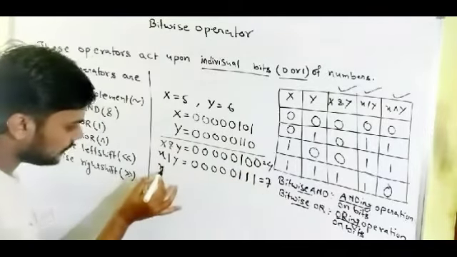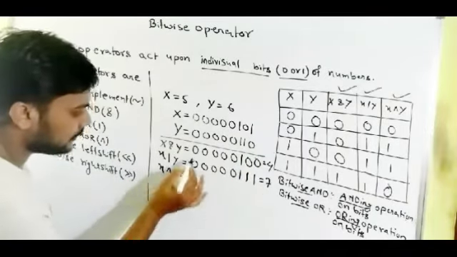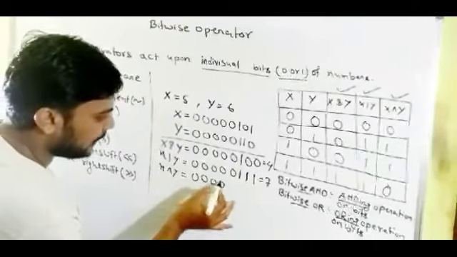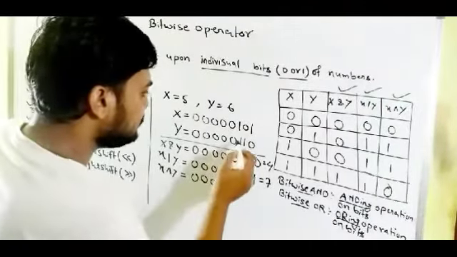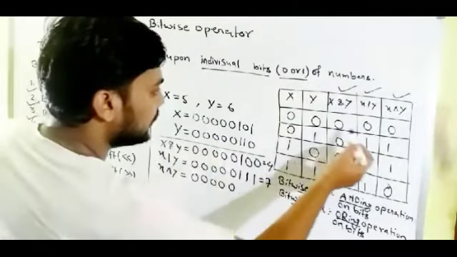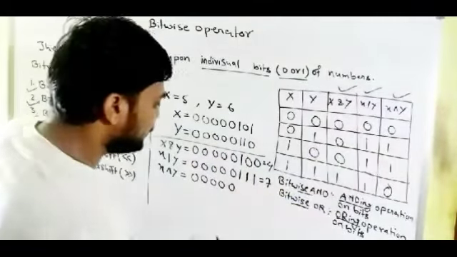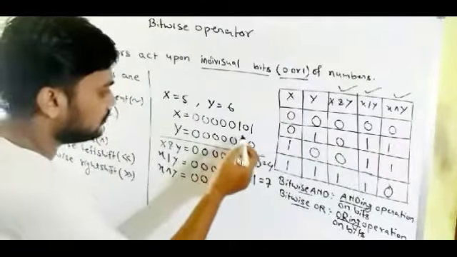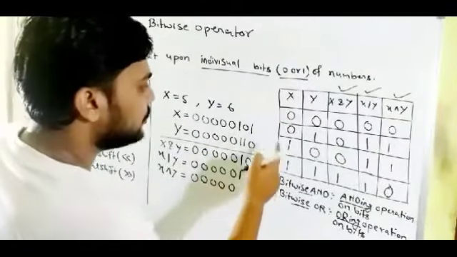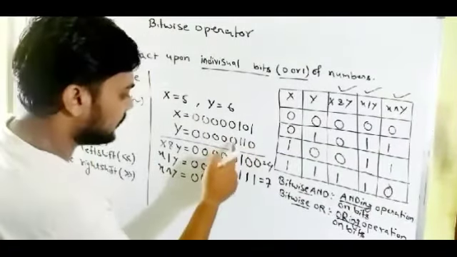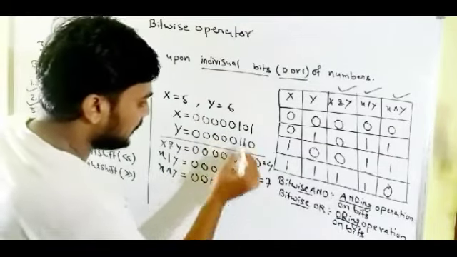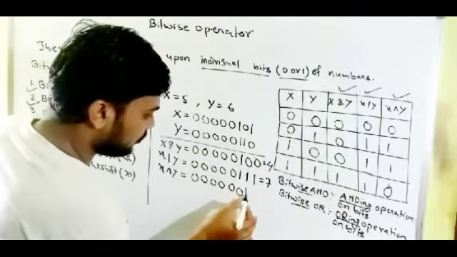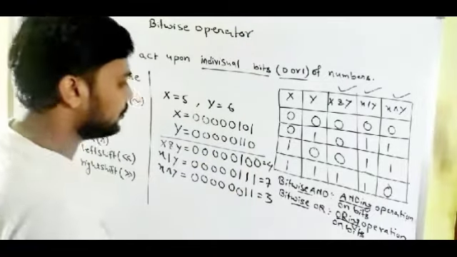If you apply the XOR operation, the bits are compared: equal bits like 0 and 0, or 1 and 1, give the output 0, and different bits give 1. So the combination of the two values gives the output 3.